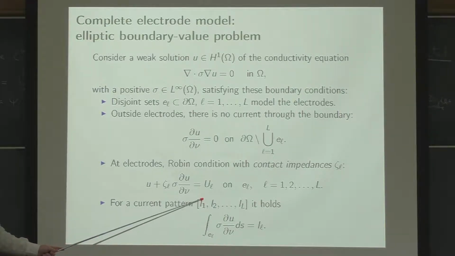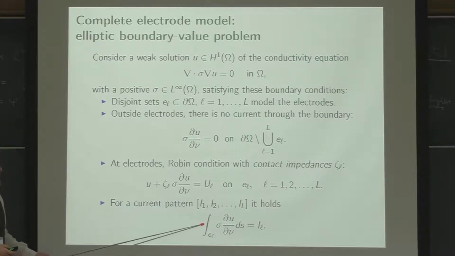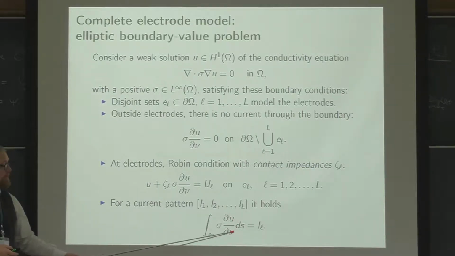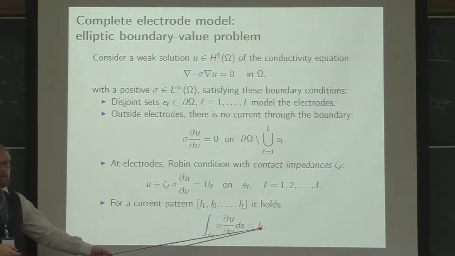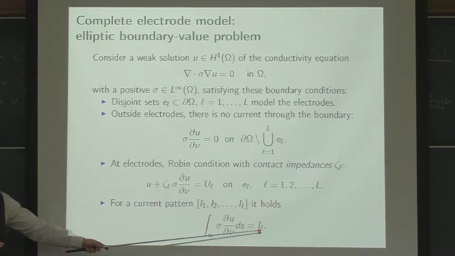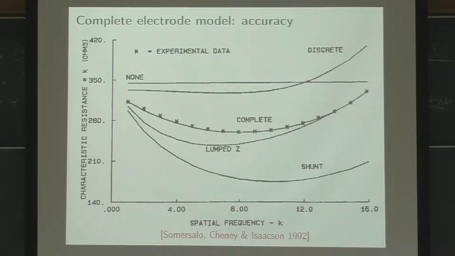At each electrode, the integral over the electrode of the normal derivative of U equals this one. So this is the total current integrated over the electrode, because it's not a constant function actually. So we integrate over it and it has to add up to this one. So this is the complete electrode model.